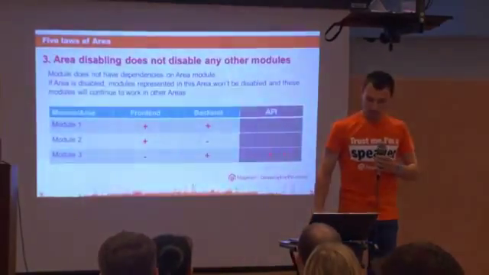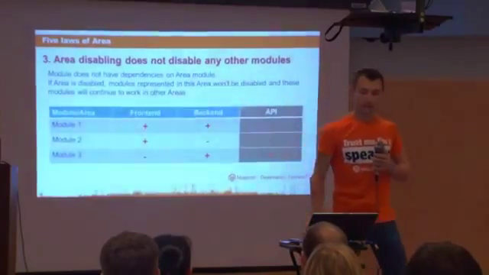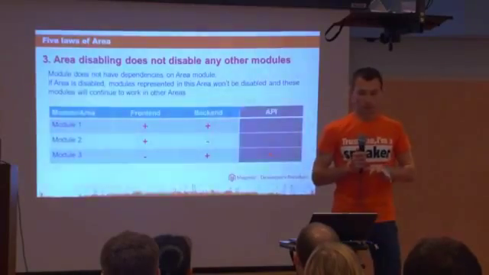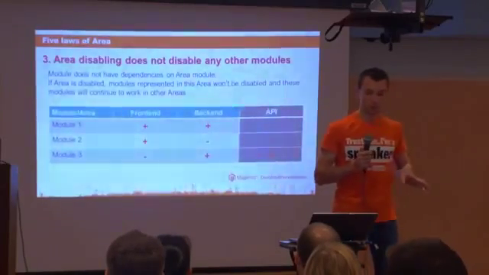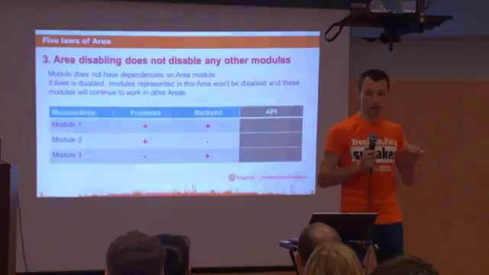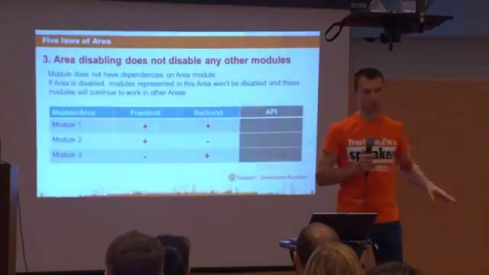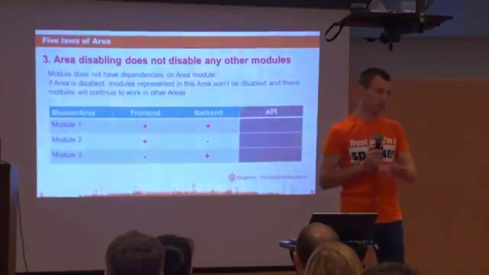Okay, and the next law is: area disabling doesn't disable any other modules. Modules don't have dependencies on the area module. If an area is disabled, modules represented in this area won't be disabled. And these modules will continue to work in other areas without losing any functionality.